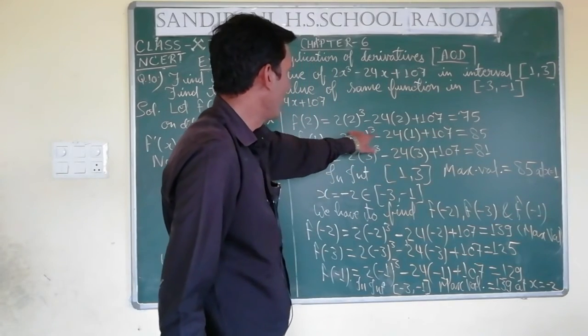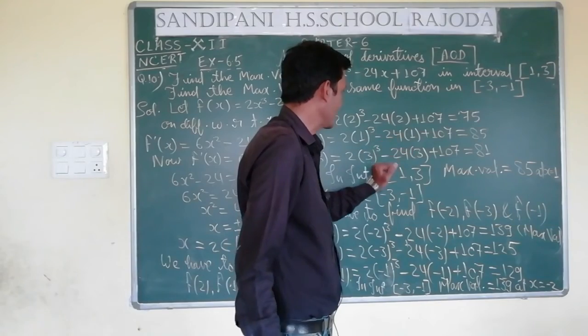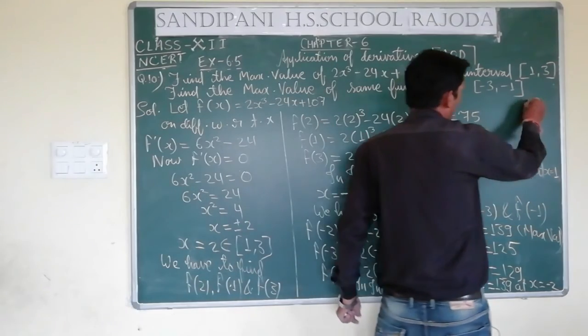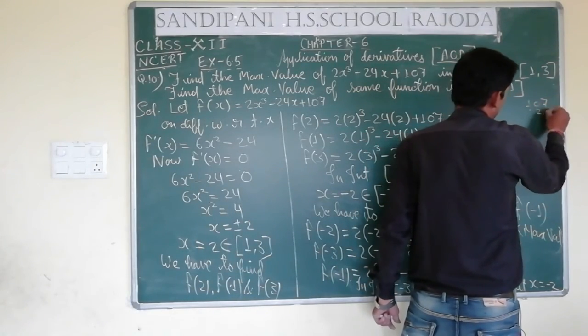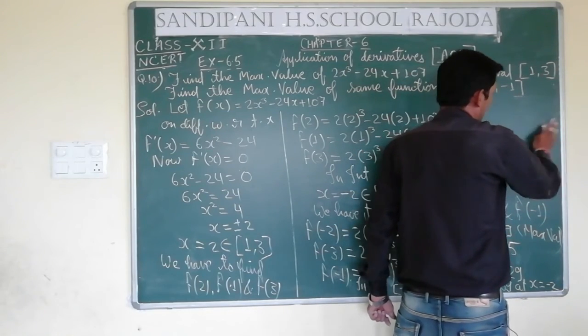Let us see. 1 cube, it is 1, 1 2s are 2, 2 minus 24, it is minus 22. 107 minus 22, it is 7 minus 2 is 5 and 10 minus 2 is 8. It is 85 only. This one is correct.